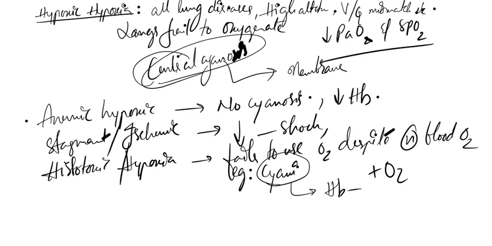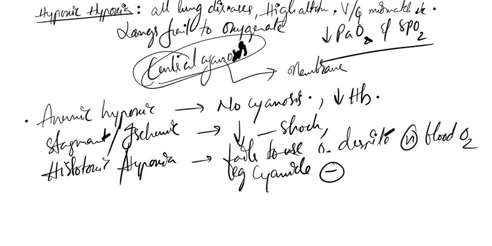Right? And what does this cyanide inhibit? Wait, I'll clear it up. This cyanide inhibits complex 4 of the electron transport chain, which causes histotoxic hypoxia.